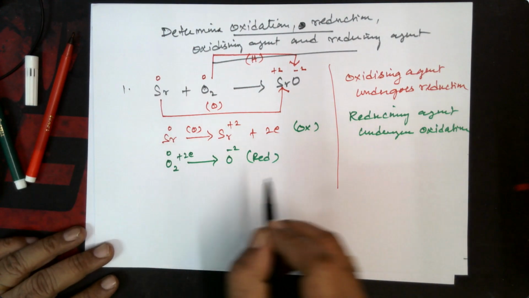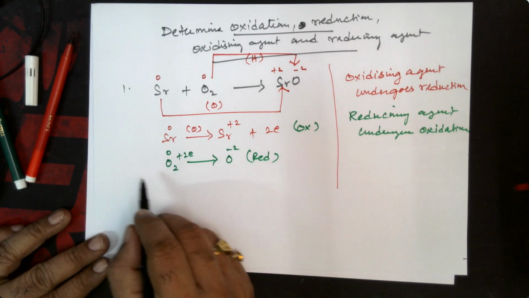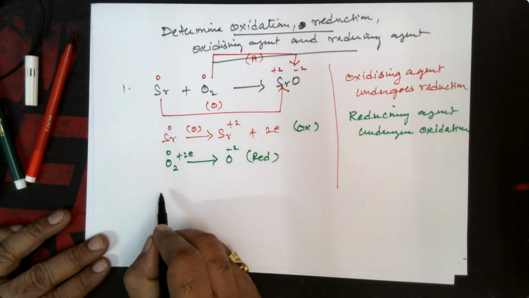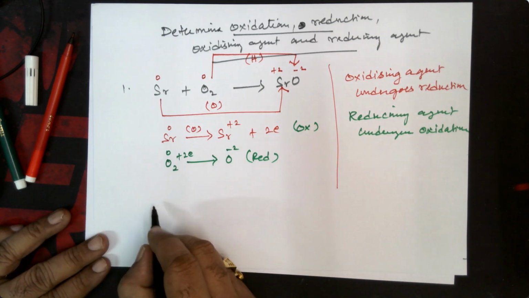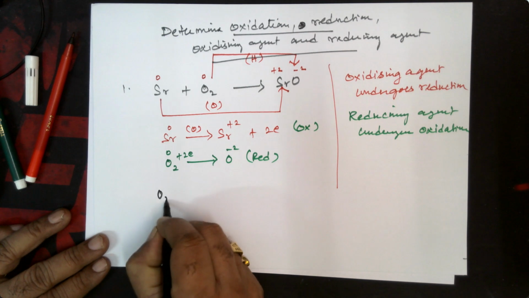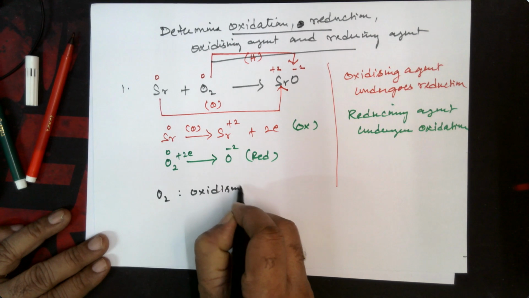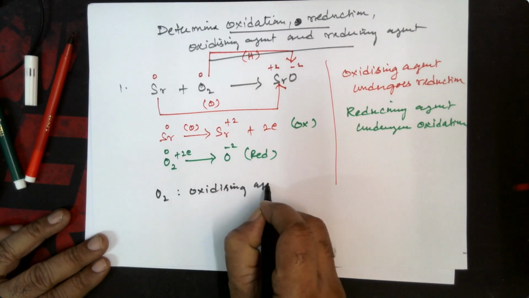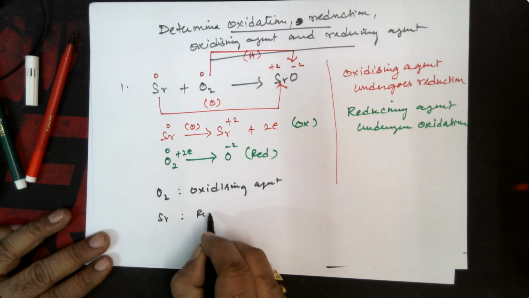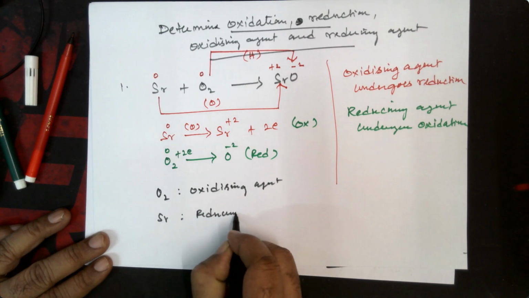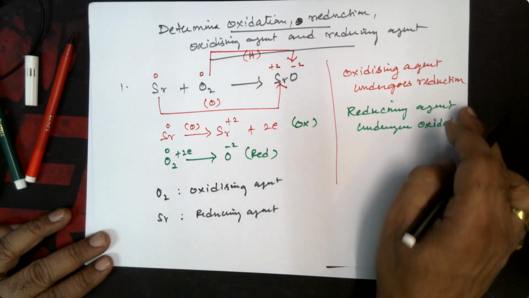So now we are able to indicate the oxidizing agent. So which is the oxidizing agent here? The one which undergoes reduction. So oxygen is oxidizing agent. So O2 is oxidizing agent. Are you able to follow? And Sr is reducing agent. Okay, so reducing agent undergoes oxidation.